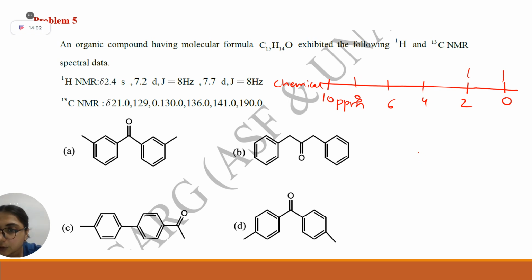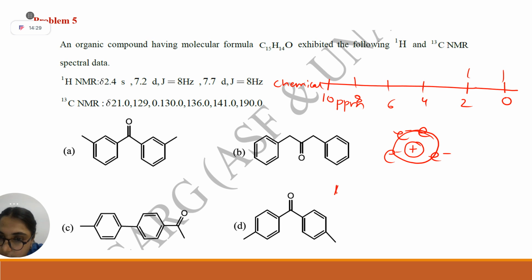Before that, one more thing I want to clear for students who don't know anything about NMR. Students, let's say this is the nucleus of a proton. Now, this is your proton, right? And these are your electrons. These electrons are going to shield your proton.